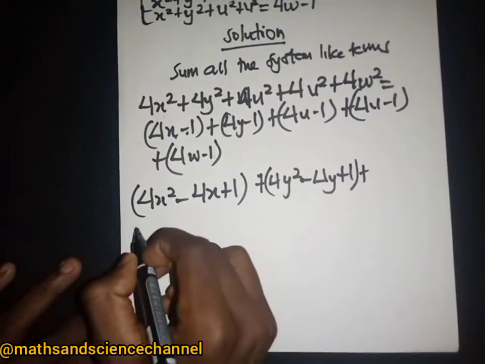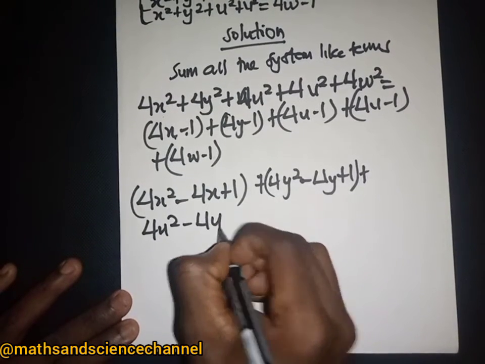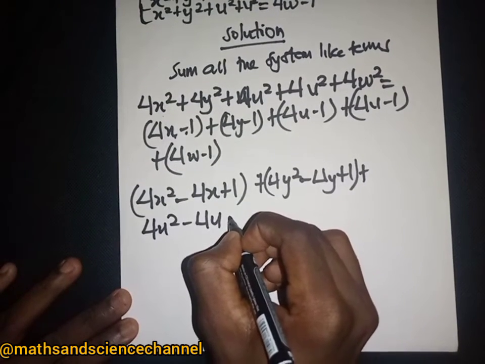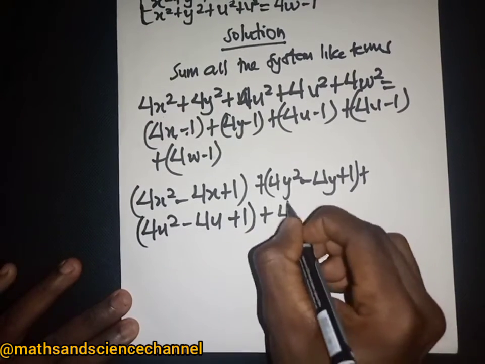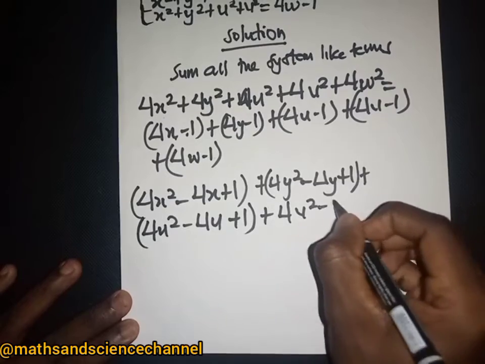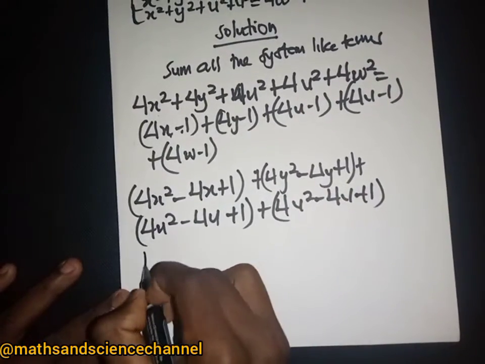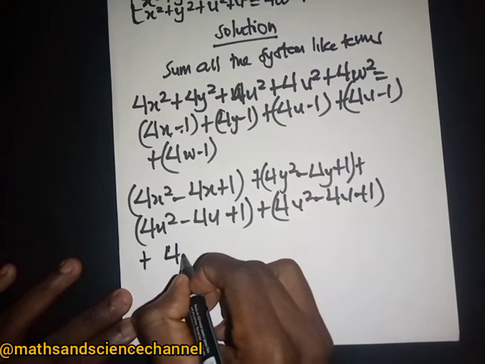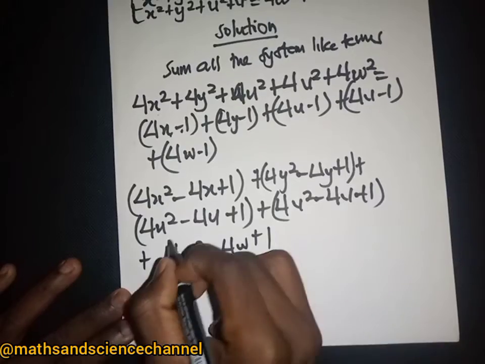Then we have 4u squared minus 4u plus 1, then 4v squared minus 4v plus 1. Then also we have 4w squared minus 4w plus 1.